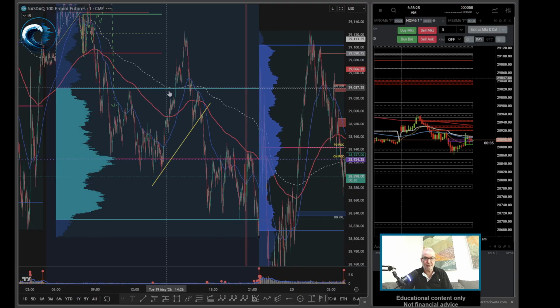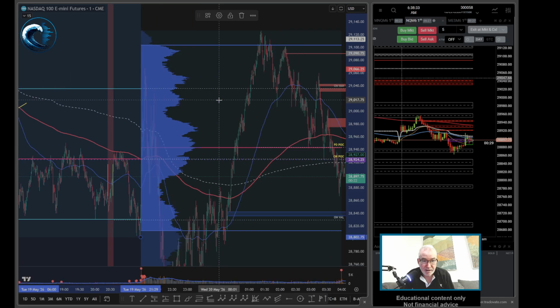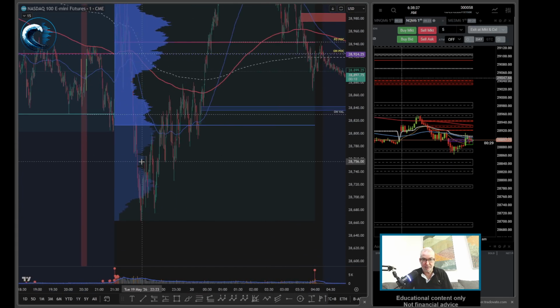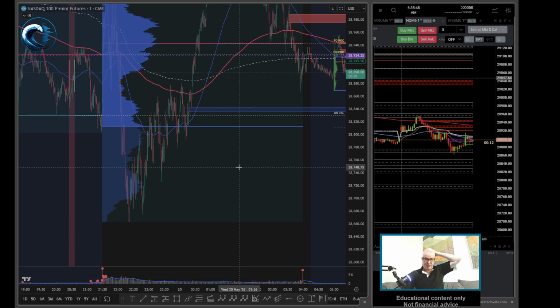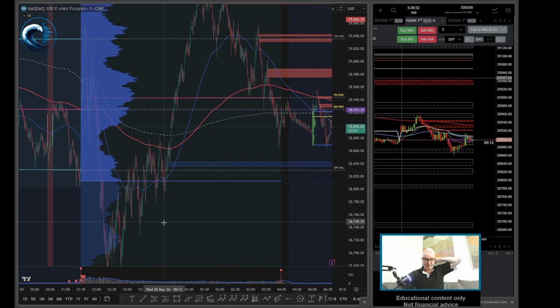The high's on the overnight. This is the overnight session. So it started up here, swept the highs up here, and then came straight back down, went through the overnight levels, and then formed some lows down here, and then took straight off.